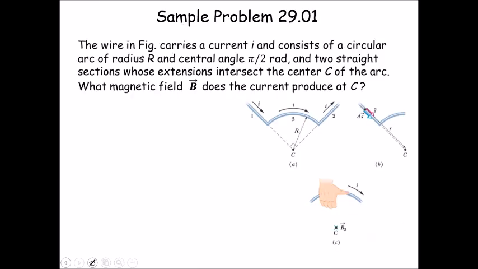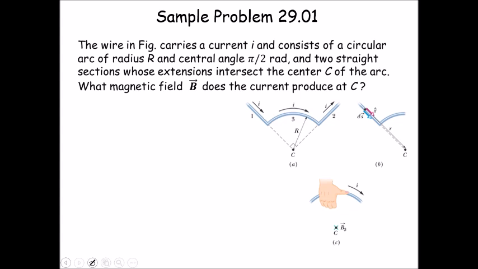Let's do this sample problem. We'll have this wire, and it has 3 parts. One straight part here, one curved part with an angle of 90 degrees, and another straight part. I call these pieces of wire 1, 2, 3.